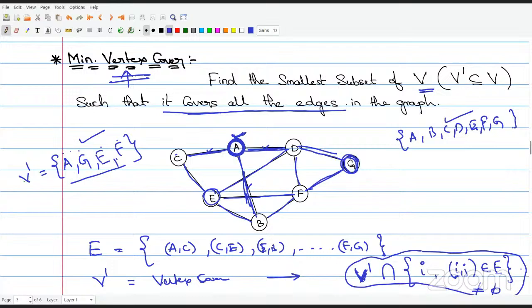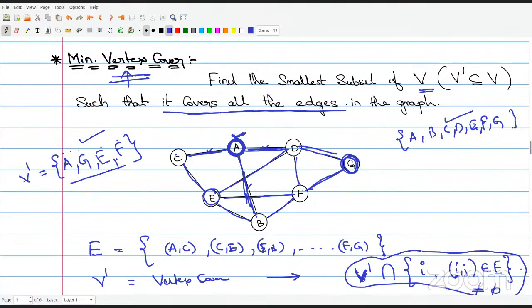So the best method to follow while computing the vertex cover is to start taking the vertex which has more edges attached to it. Can you tell me which vertex has more edges?